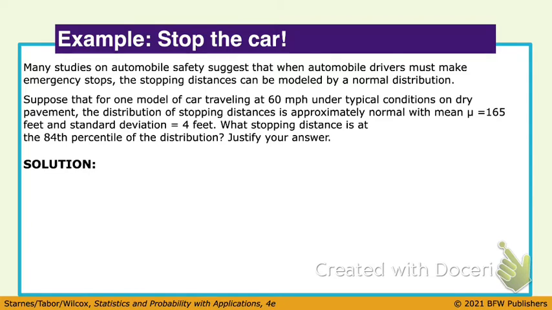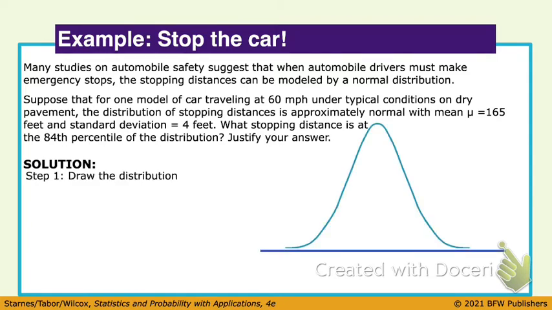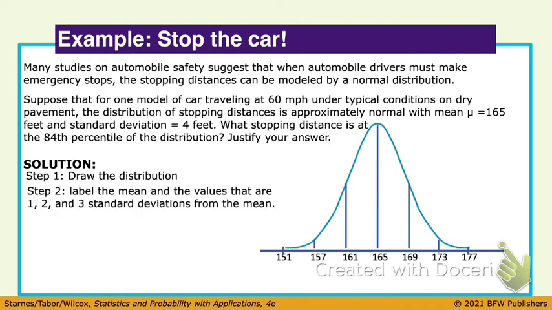Again, we are going to draw our distribution. It kind of seems like we just get to draw normal distributions all day. We are going to label our mean and our values that are 1, 2, and 3 standard deviations from our mean.